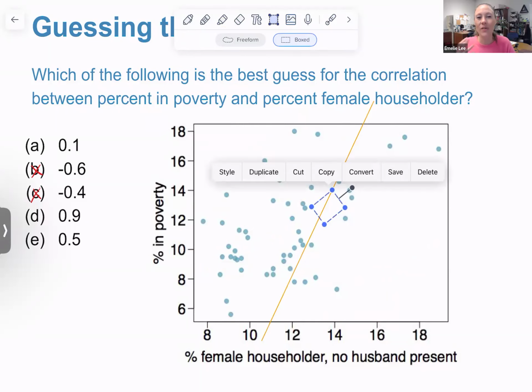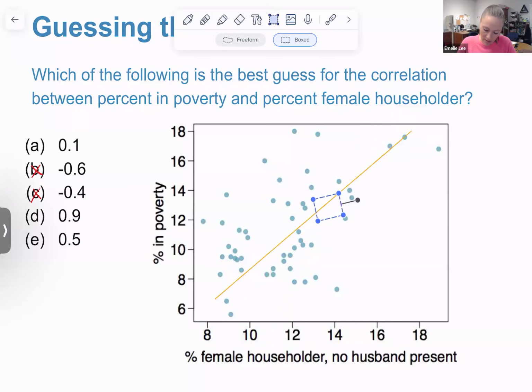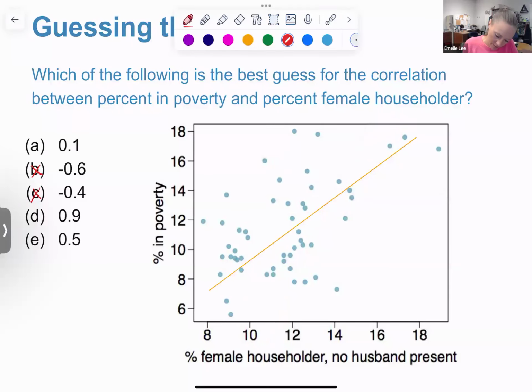And so for that reason, that makes a weak relationship, where it's not obvious where this line would go, right? And so that's why I put a little question mark here saying, kind of, maybe, something like that. And so I would say maybe 0.1, because we don't see a pattern.